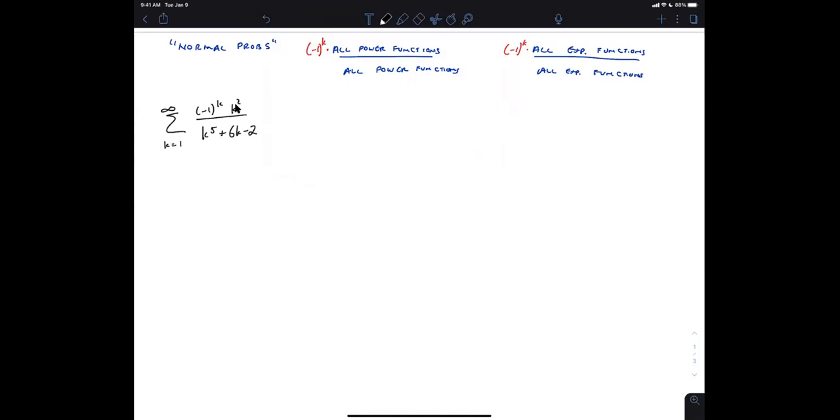Power functions, I mean k raised to a power. So k to the 2nd, k to the 5th, k to the 1st, k to the 0. Those are all power functions. Exponential functions are if I had 2 to the k and 5 to the k instead of k squared and k to the 5th. So a lot of the standard problems work like this. Not every problem, but these are what I mean by the normal problems.